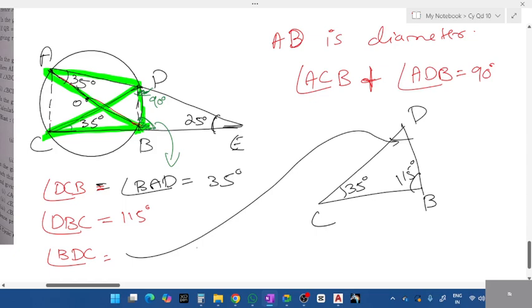Sum of interior angles of a triangle. 180 minus 150.